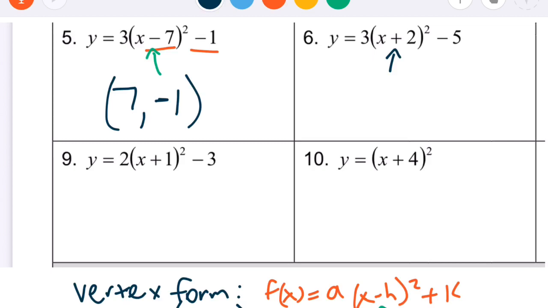The way to turn this x minus h into a positive is if we had minus -2, and that would give us the plus 2. So that's going to tell us that the x value of this vertex is -2, not +2. And also the y value is -5. I just got that from that part of it.